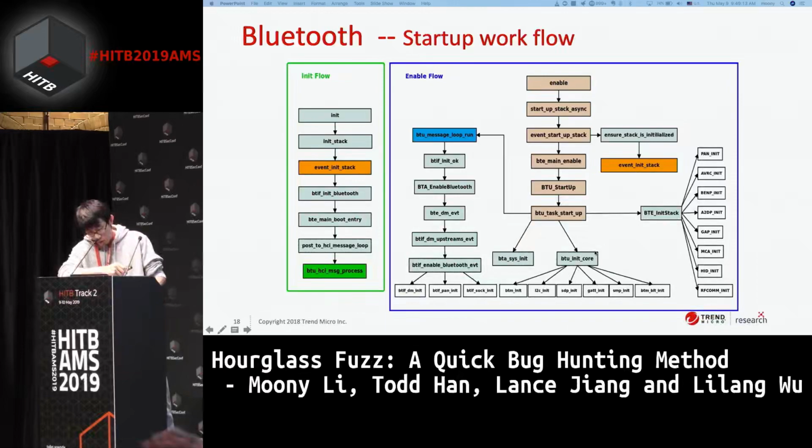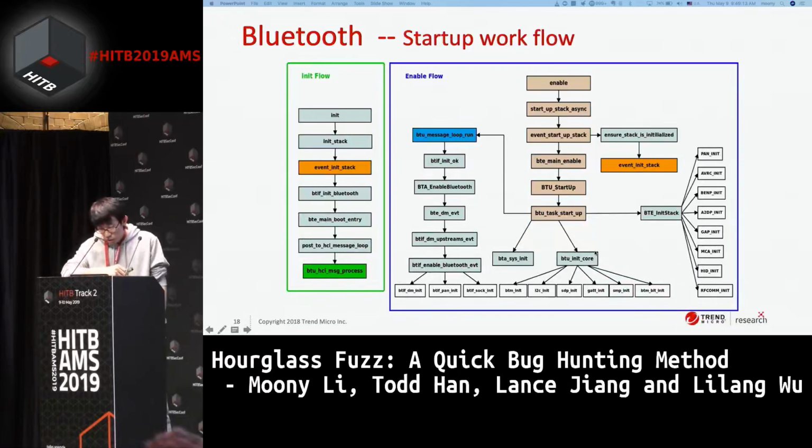So now let's see the enable flow. Not like the init flow, the enable flow will finish many initializations for the state machines of each profile. At the beginning of it, there will be a branch to check whether the init flow is done.